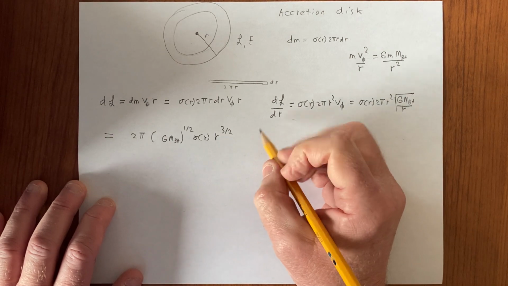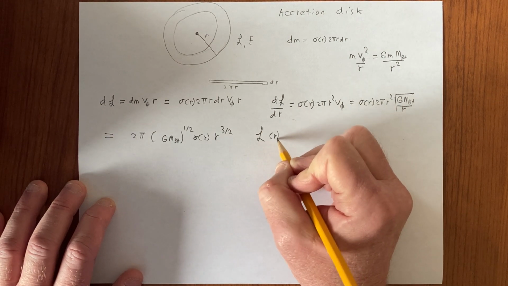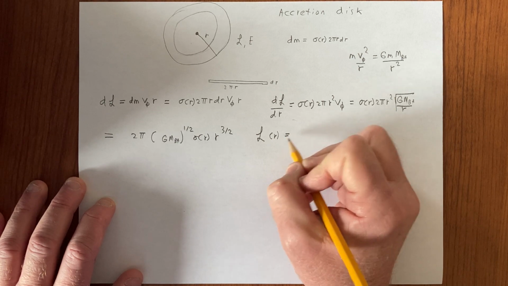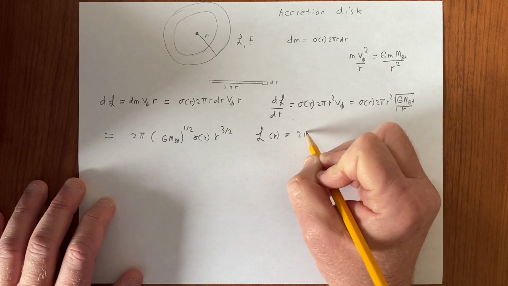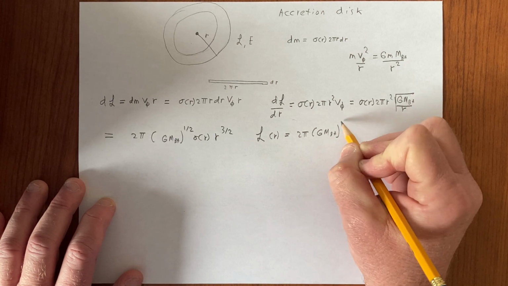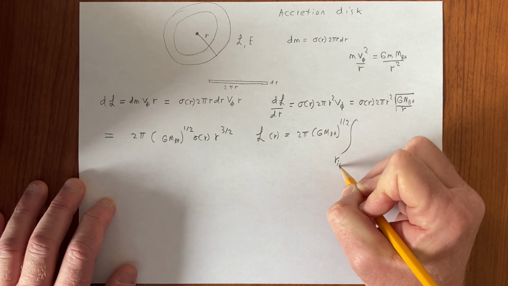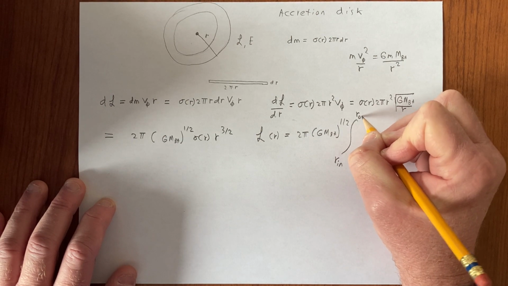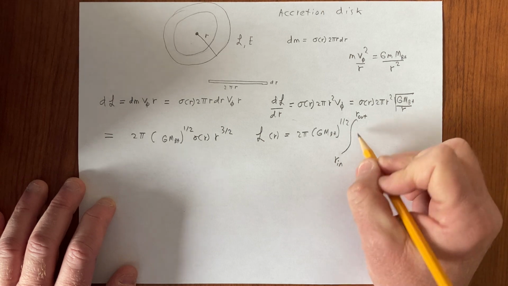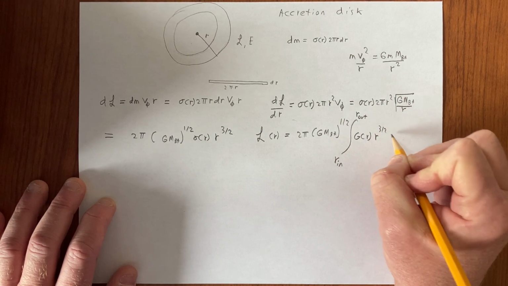And if we want to know the distribution of angular momentum in this disk, L as a function of r, we have to integrate this. So we get 2 pi constants. We integrate from some inner value of r to some outer value. We integrate the density times r to the 3/2.